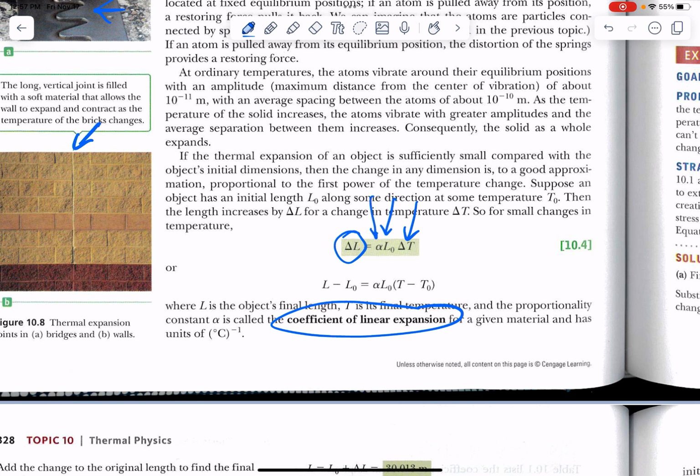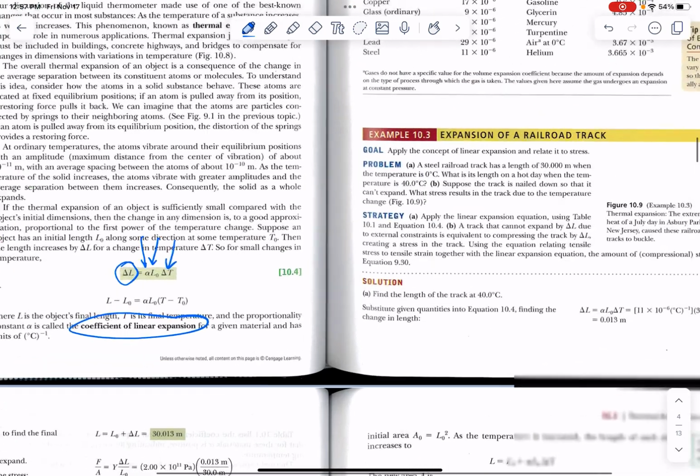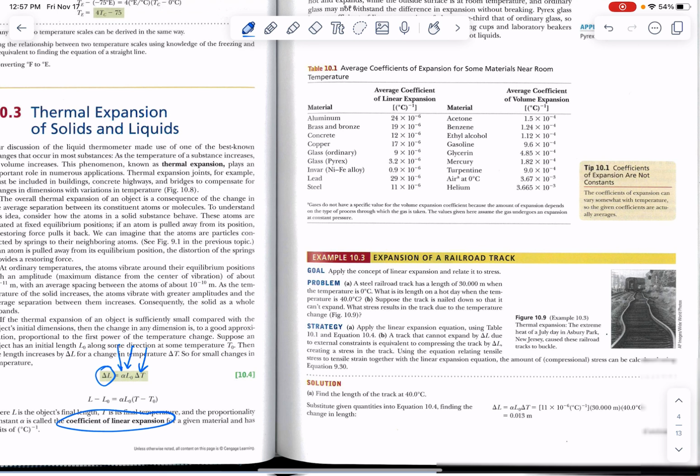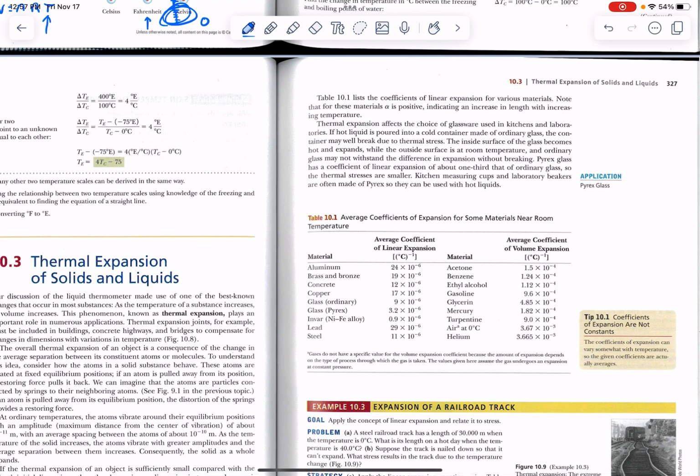This is alpha for change in length, and we use beta for change in area, and we use gamma for change in volume.